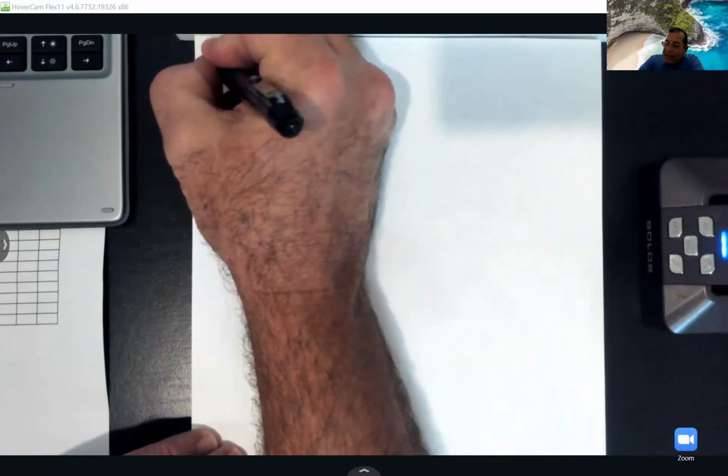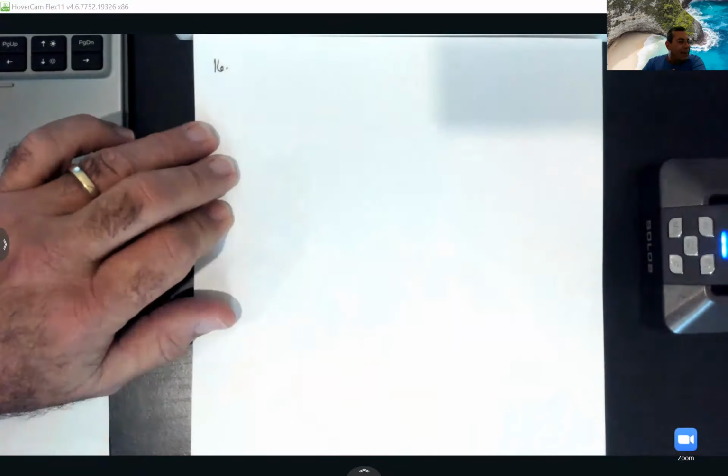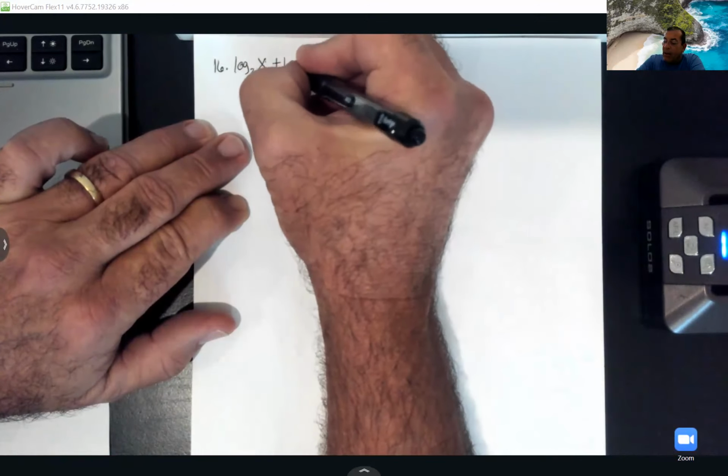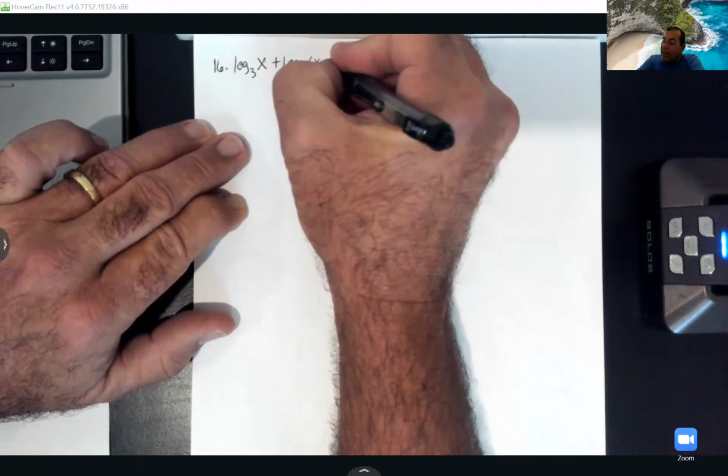Let's try 16. Okay, 16 is pretty big. It's got a log 3 of x plus a log 3 of x minus 1.